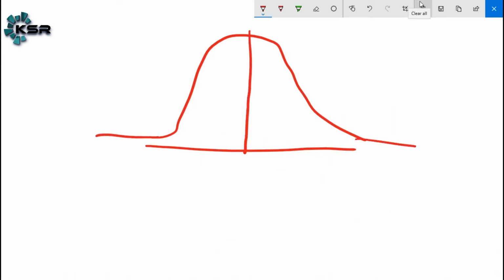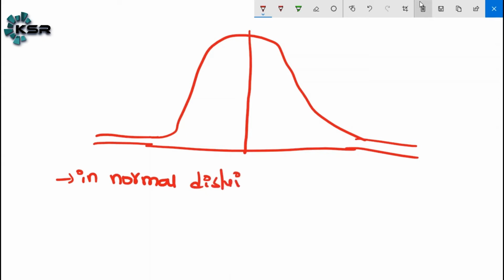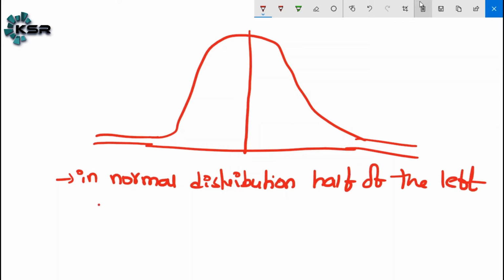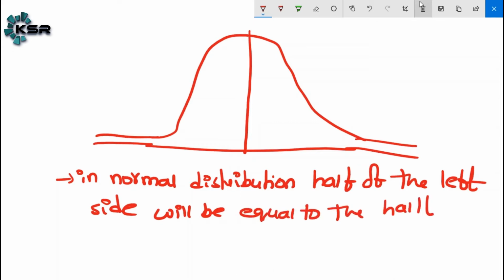In a normal distribution, the half of the left side will be equal to the half of the right side value.